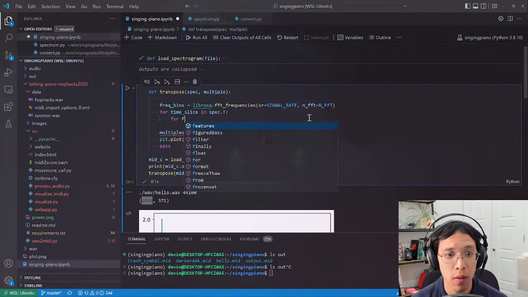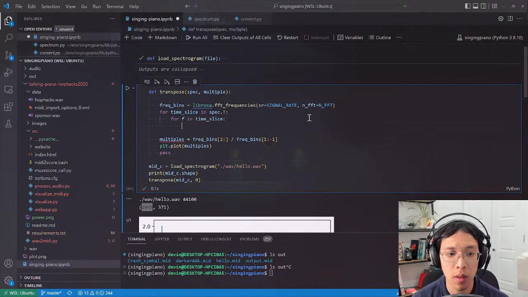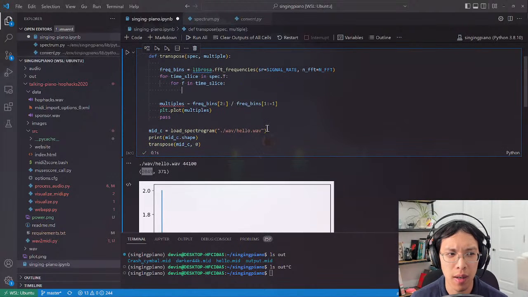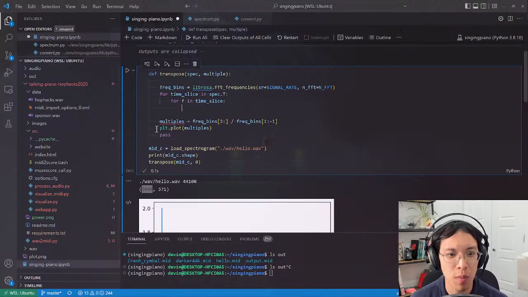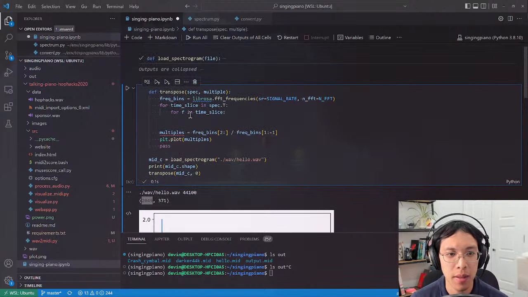So for f in time slice, we're going to assume that we're doing it from bottom to top. So the first bin is the lowest frequency, I believe. And so we might actually want to combine that. We'll say energy F. Actually, you know what? We don't need to do it this way.